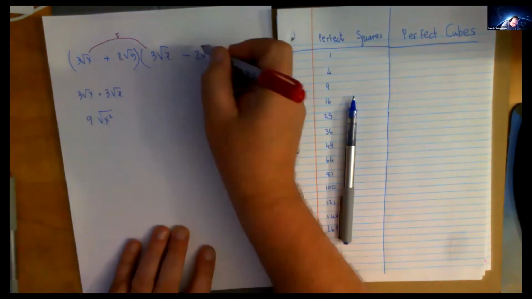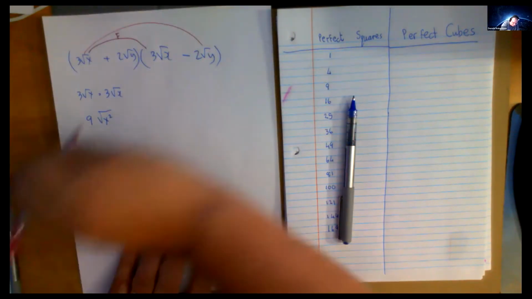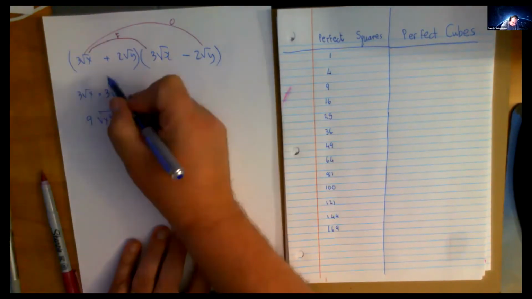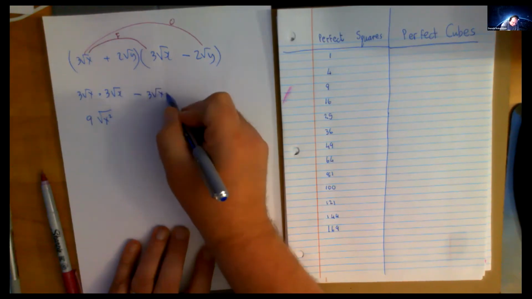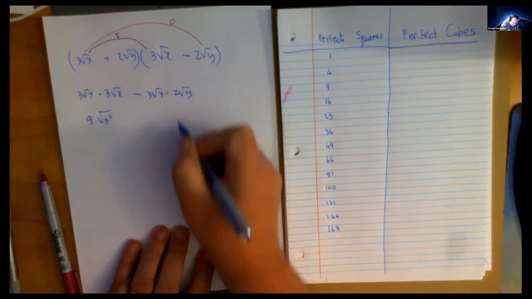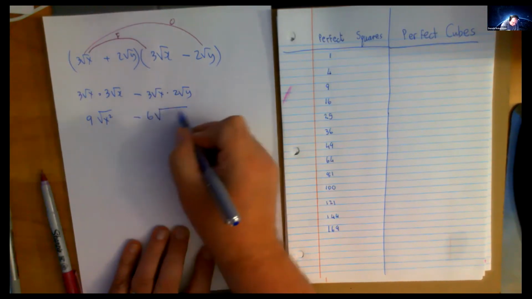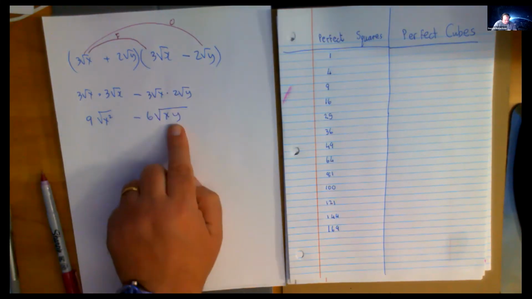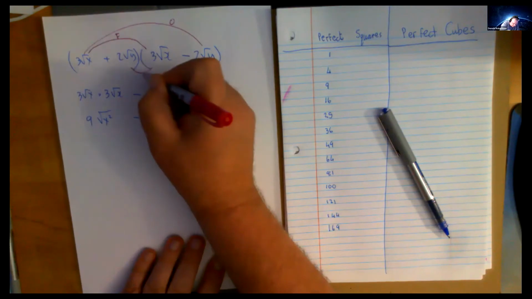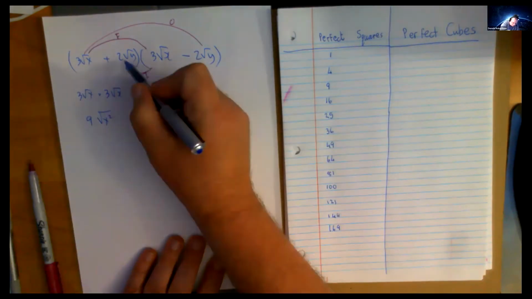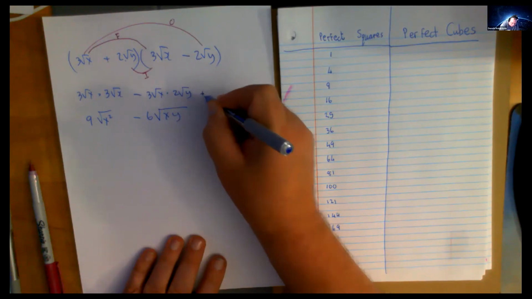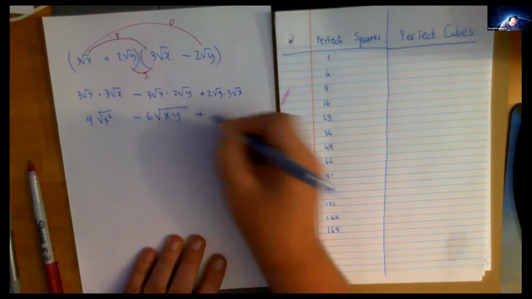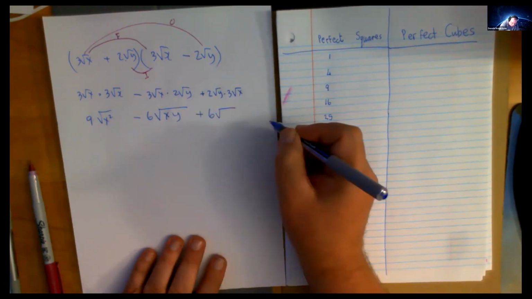If I then do the outside, the O, I will get negative because it's a positive and a negative thing. I'll have a 3 root x being multiplied by a 2 square root of y, and putting them together I get negative 6 the square root of xy. The two numbers get you 6, and these just become that. If I then go to the inside, I get positive 2 square root of y times 3 square root of x, and that gets me positive 6 square root of xy.